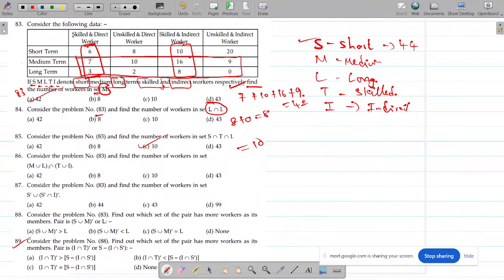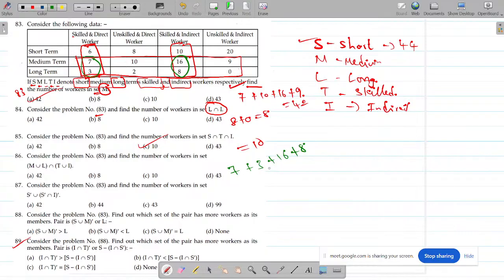Okay. Now how to get intersection. Intersection means I'll change the color. 7 and 3, 16 and 8 alone. Correct? So 7 plus 3 plus 16 plus 8. So it's 24, 34. Oh, there is no 34.